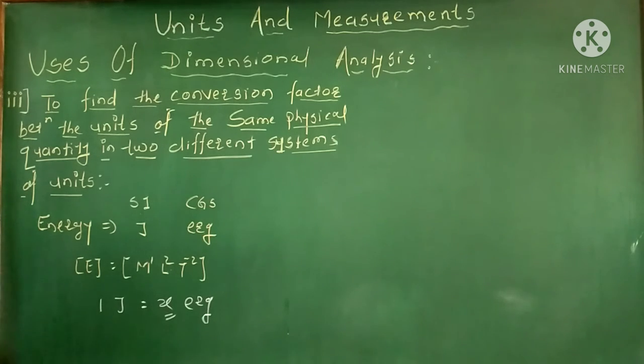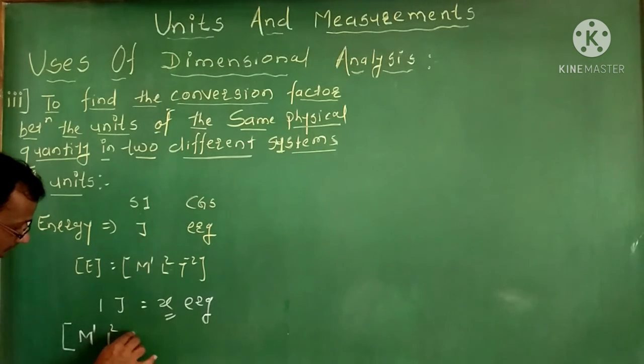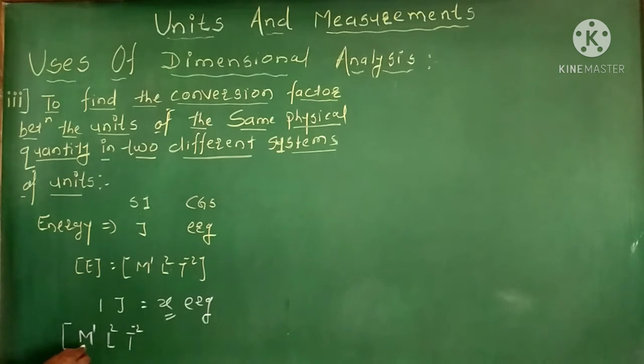So in the SI system, suppose the dimension of energy is M1 L1 T1 each raised to the powers 1, 2 and minus 2, that is M1, L2 and T minus 2, with suffix 1 for the SI system.